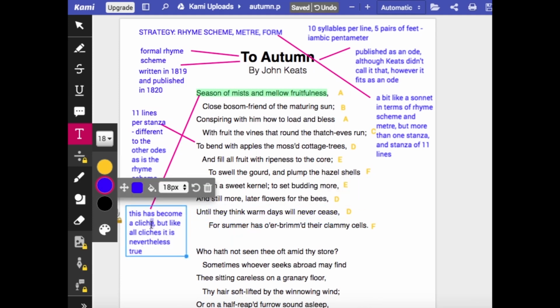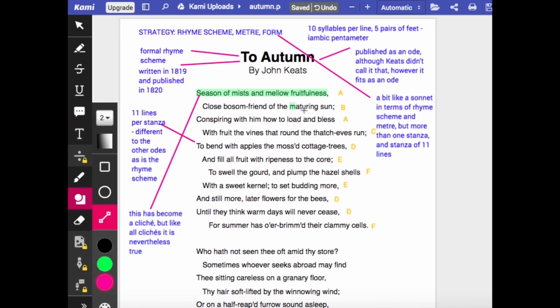So it's actually a very genial season, and that line has become its mantra, if you like, a cliche that people use all the time. A little bit like in the bleak midwinter from the hymn of that title. So alongside the very famous line is some decent alliteration: mists, mellow, followed by maturing sun. That also helps to make it memorable.